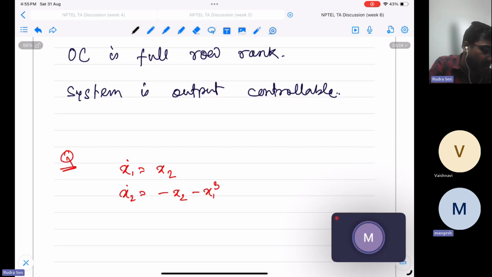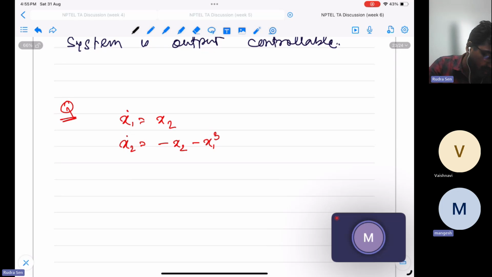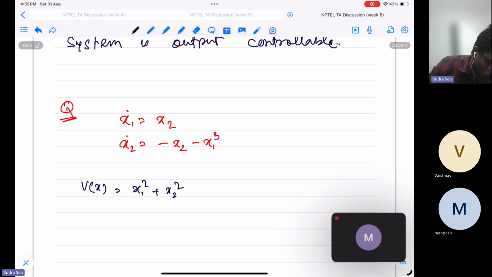Yes. I have chosen the Lyapunov function as V equal to x1 square plus x2 square, since it was not given. I got the answer as unstable.